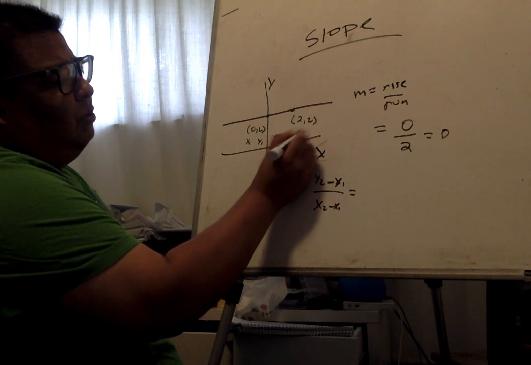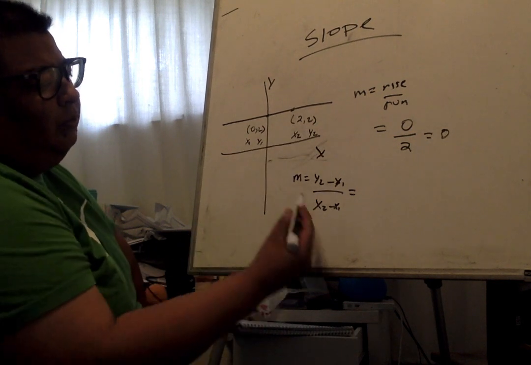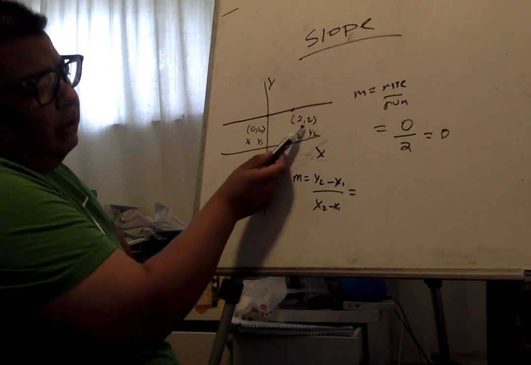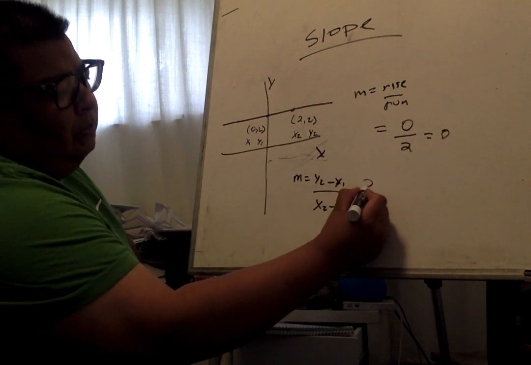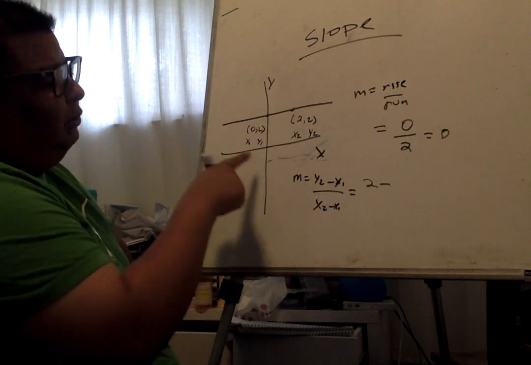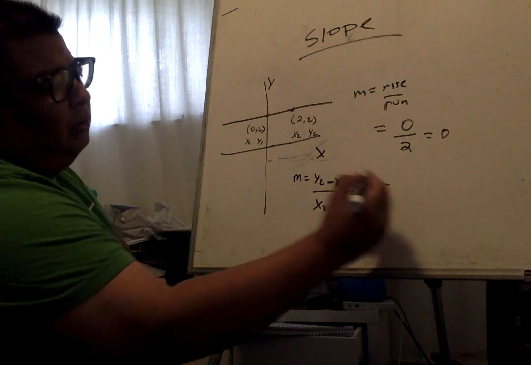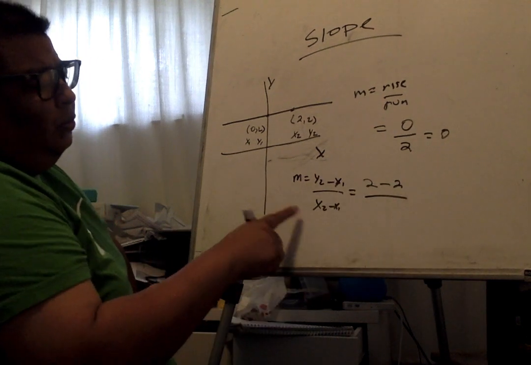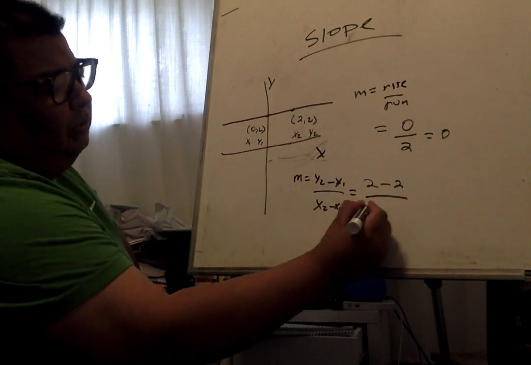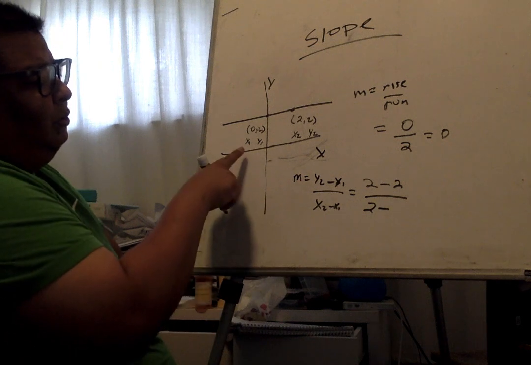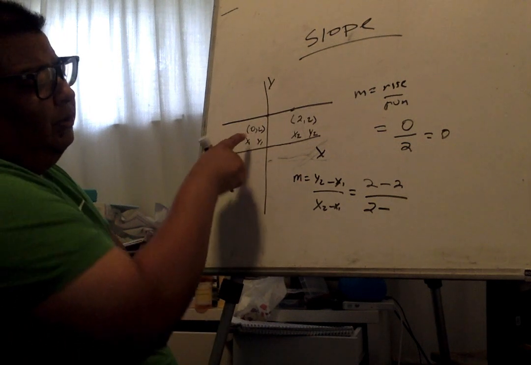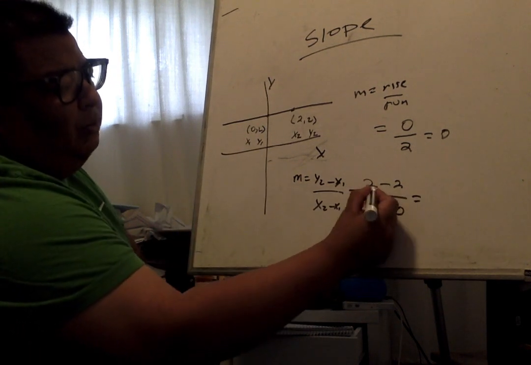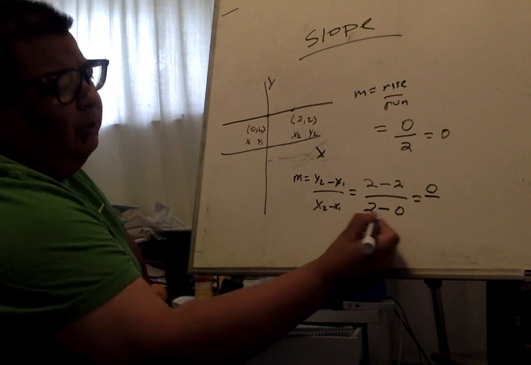So this will be x2 and y2. What is y2? It's 2 minus y1. y1 is 2. What is x2? 2 minus x1, which is 0. So we have 2 minus 2 is 0, over 2 minus 0 is 2.